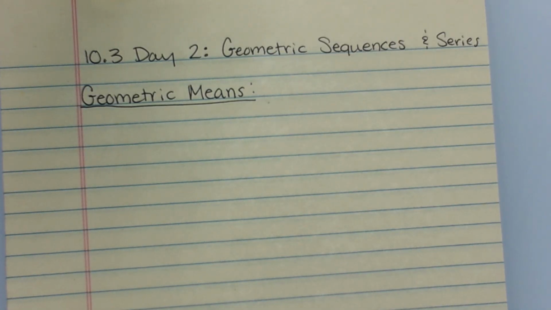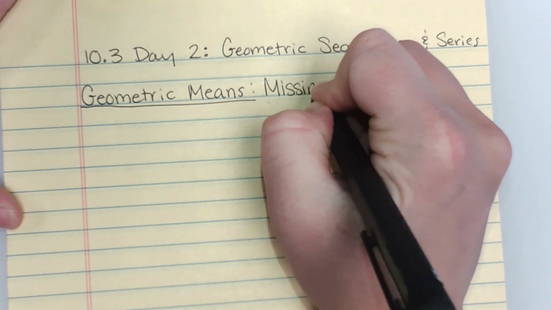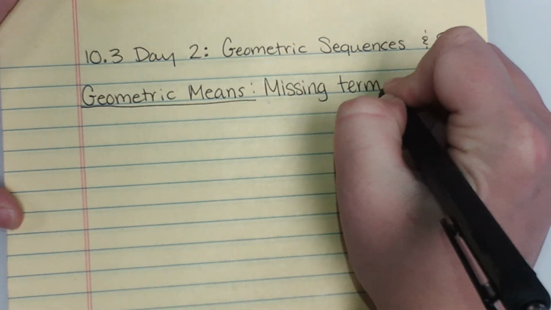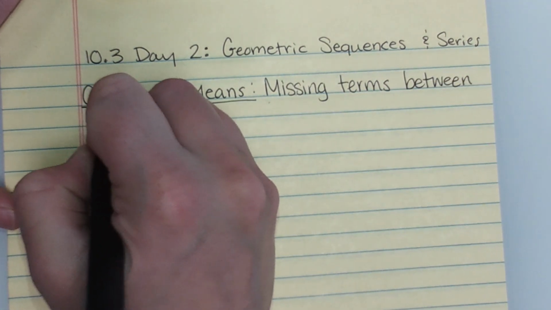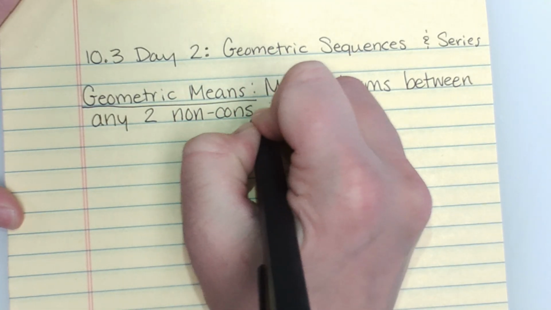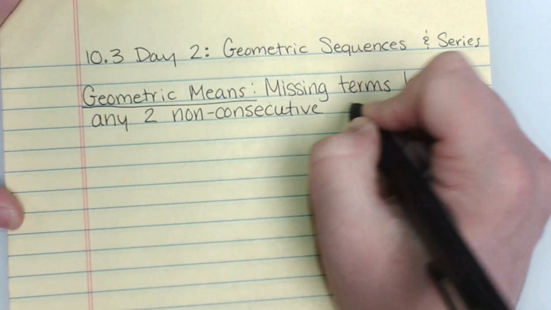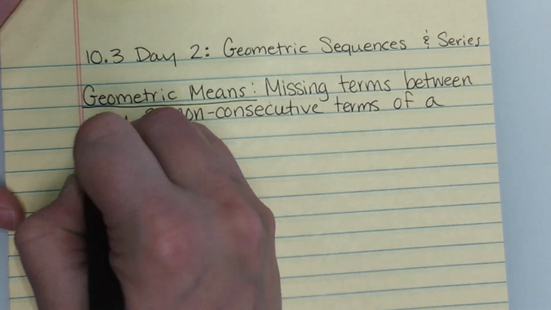Do y'all remember what an arithmetic mean is? It's those middle numbers. It's those missing terms. Missing terms between any two non-consecutive terms, this time of a geometric sequence.